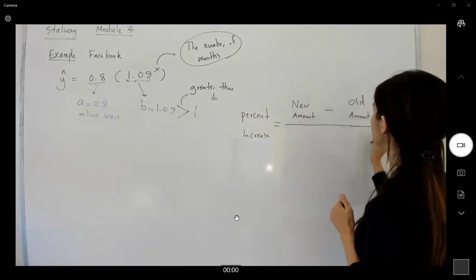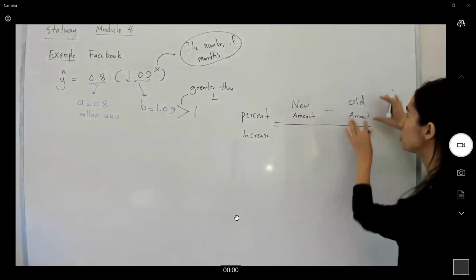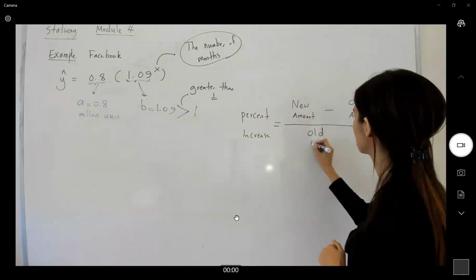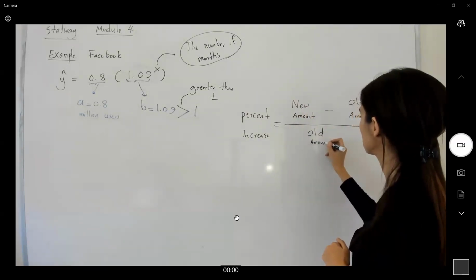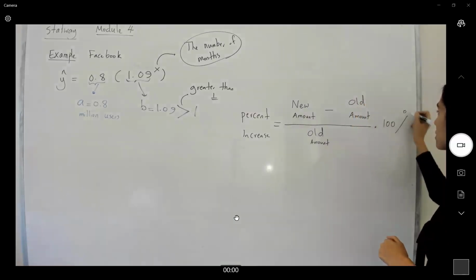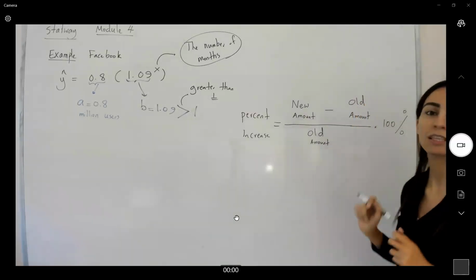And you divide that by what you had before, the old amount. And eventually you multiply that by 100% to get the percent increase.